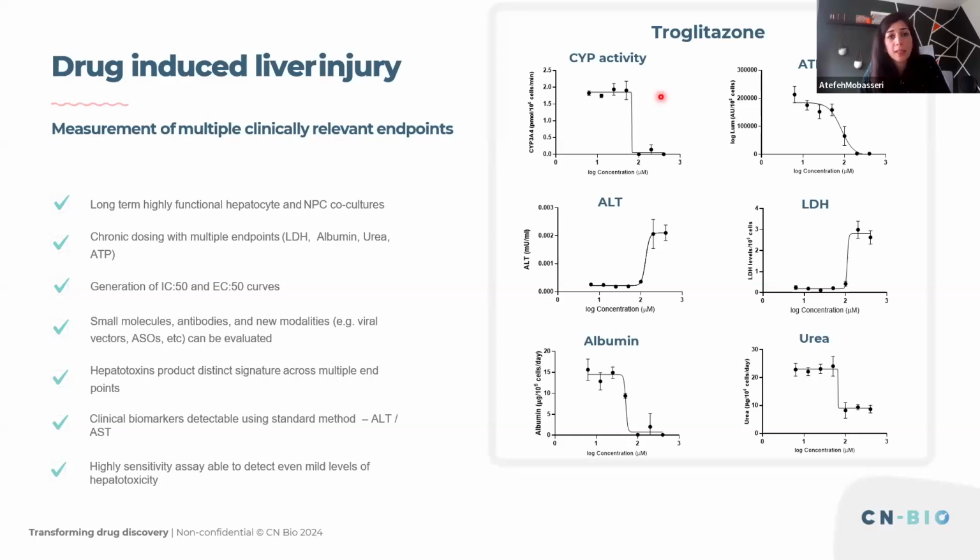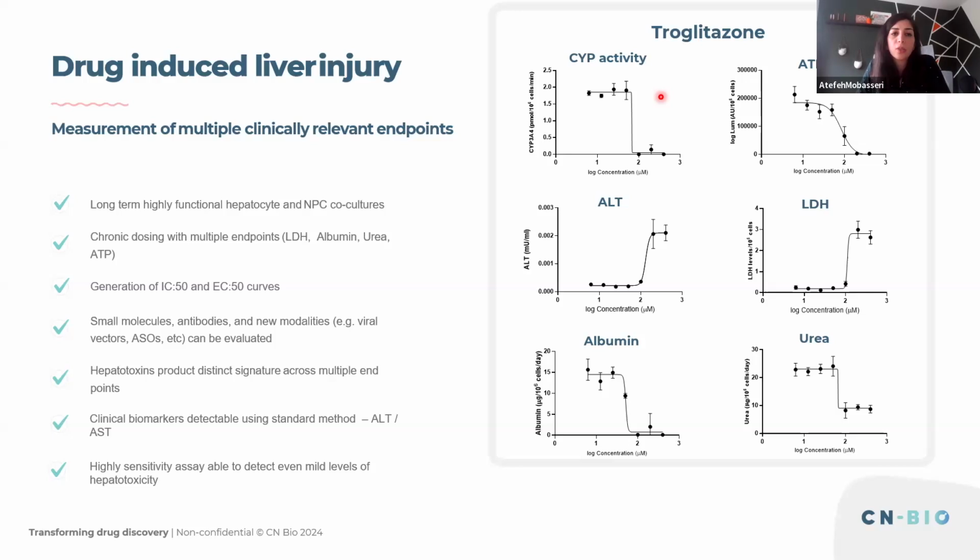This is a very important step for in vitro tools: if we are able to look at these compounds the same way that we look at them in the clinic, we can have a better understanding of the compounds and better translation from in vitro to in vivo.